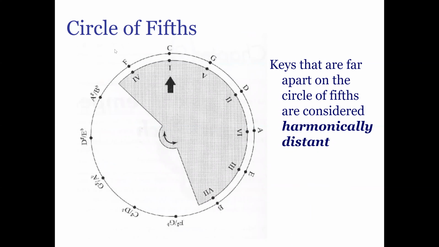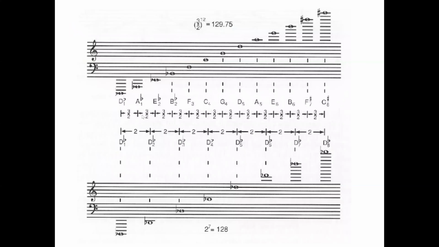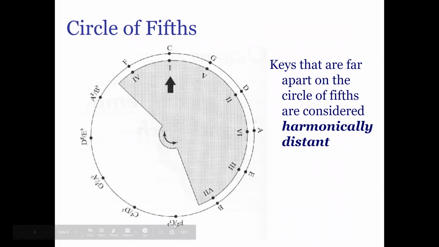So something that's going to be key to discussing this is the circle of fifths. Let's go ahead and start with that D flat, C sharp that we had over there. If we were to go back to that slide here, you'll notice that as we go up a fifth, we're moving around this way. And if we were to go down fifths, we would be going back this way.